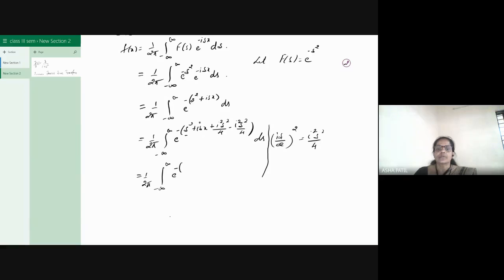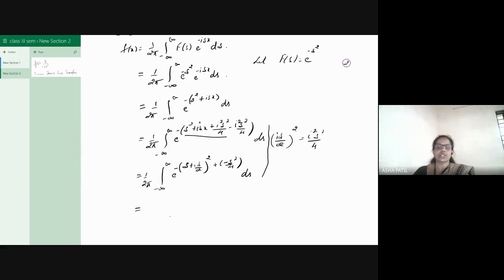This term can be written as s plus is by 2 whole square, and this term, minus of minus, becomes plus. I square is minus 1, so again minus, minus s square by 4. It is to be integrated with respect to s.